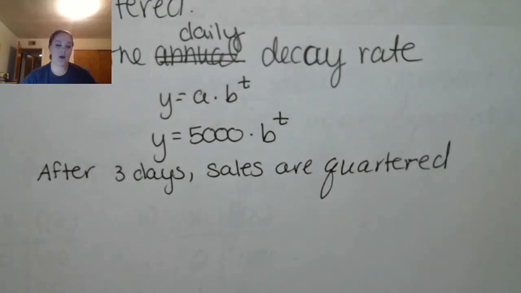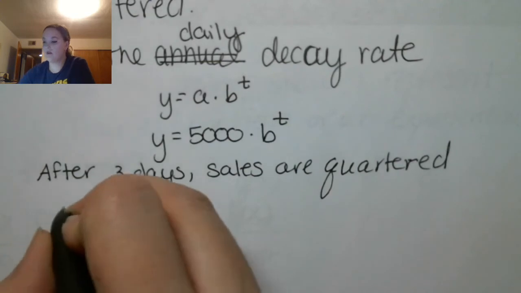So they are 1/4 of the initial amount, 5,000, or 1,250.